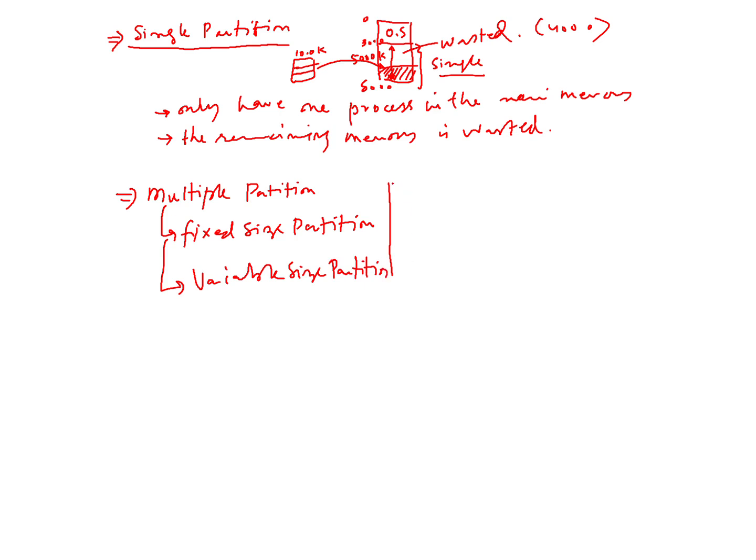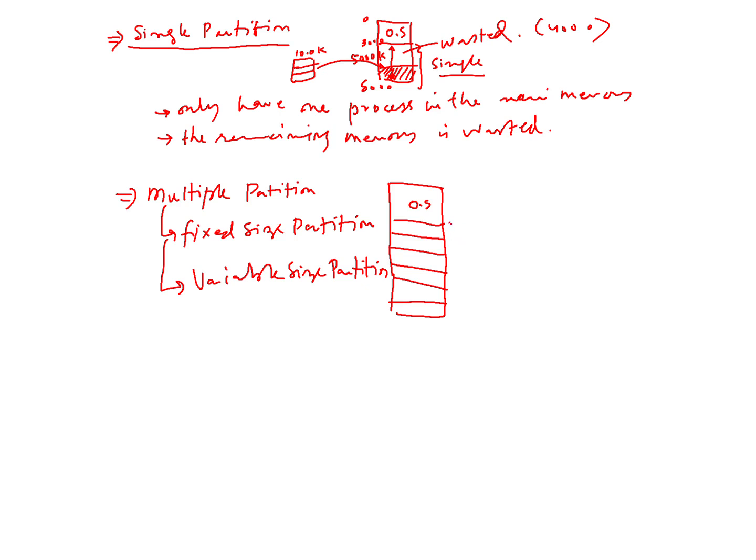Okay. Now in the fixed size partition, we have this main memory with the operating system already loaded in it, and now we will divide the remaining memory into some partitions. Okay, these partitions may vary in size.